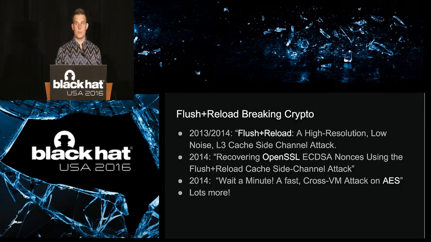In the original paper, they broke GPG's implementation of RSA, and they did it requiring only one observation of a decryption. To put that in perspective, all the cache side channels before it needed hundreds or thousands of observations in order to get enough information to steal those keys. But Flush Plus Reload just needed one.